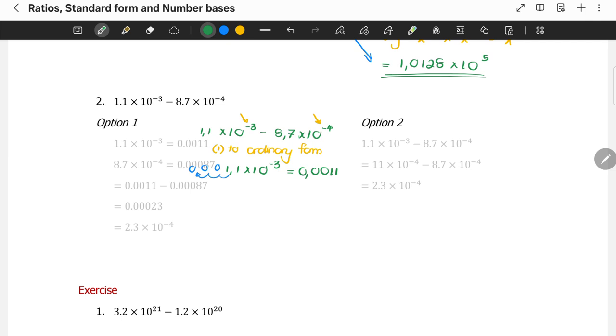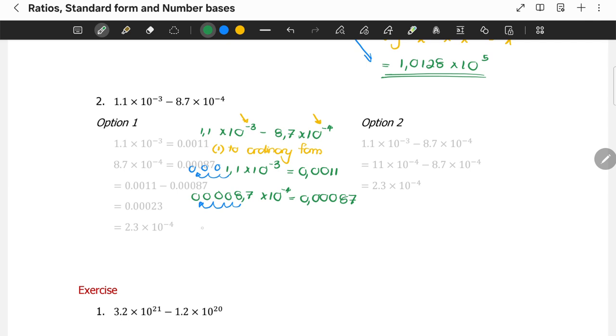And then the next one was 8.7 times 10 to the power minus 4. Again, we just add some placeholder zeros. It moved 4 places to the left now. So 1, 2, 3, 4. So right there. So that's going to give us 0.00087.